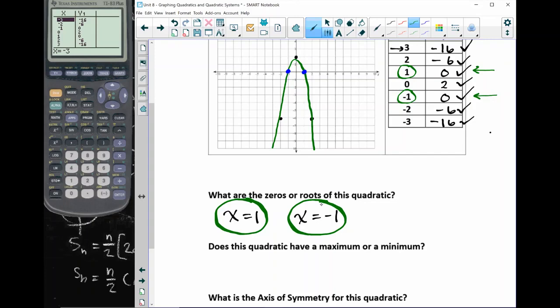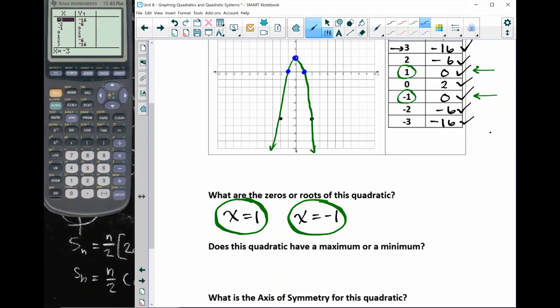Now, does this quadratic have a maximum or a minimum? Well, because my line starts down here and moves up to the top of a hill, that means that this point is a maximum. It's the highest point that the parabola will ever reach.